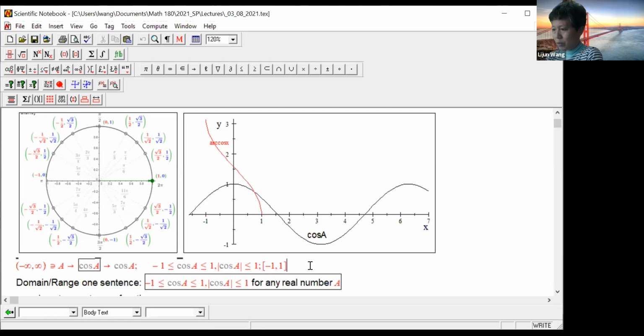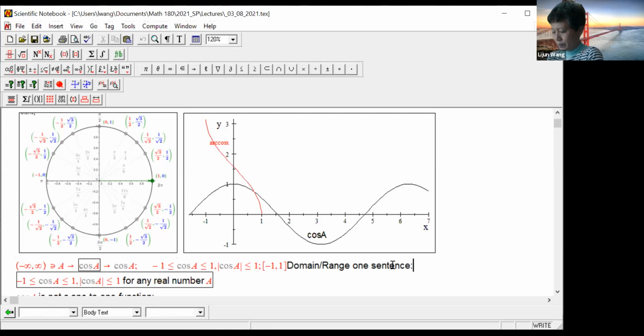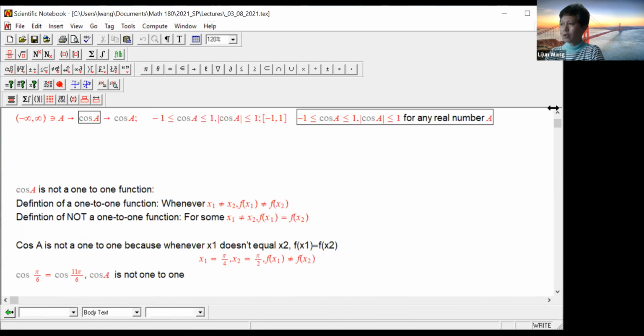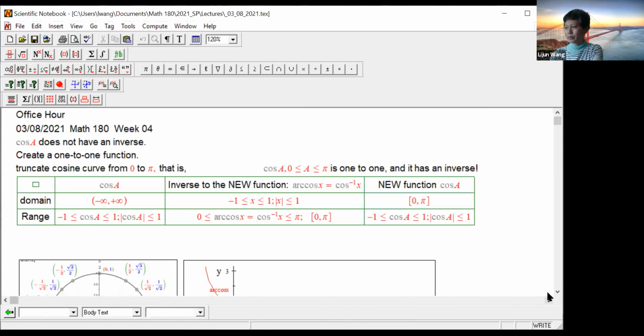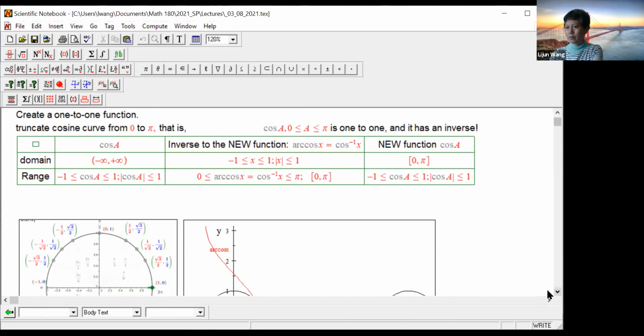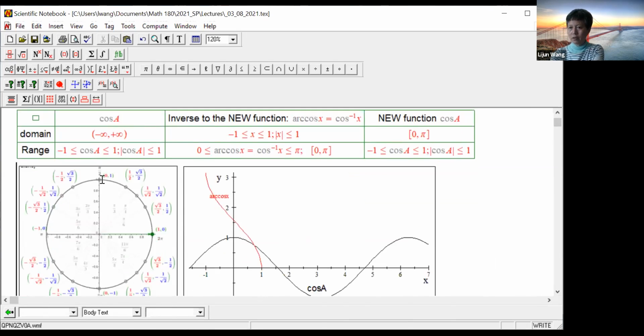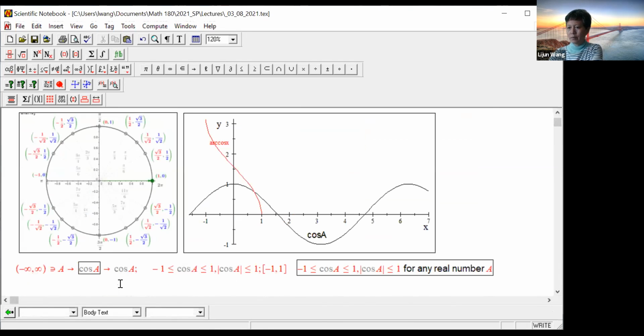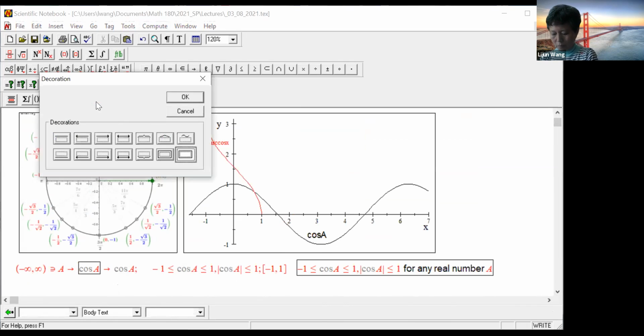Okay, domain and range in one sentence. So let's look at cosine. All of this information here.